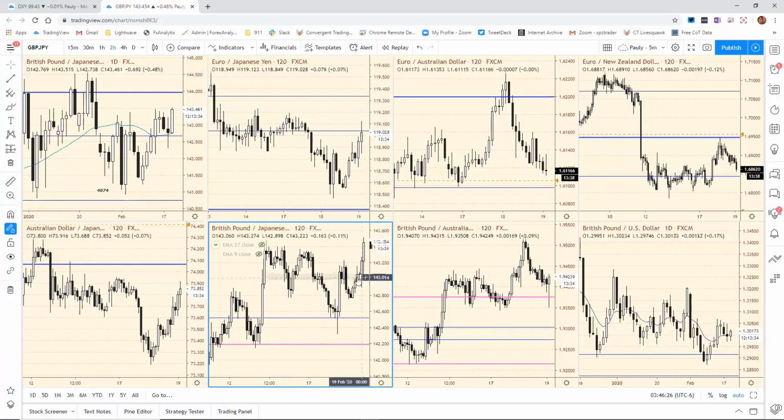And this can be the line of demarcation right there, 43.05.